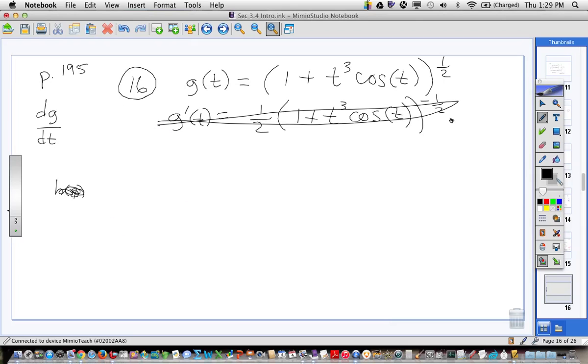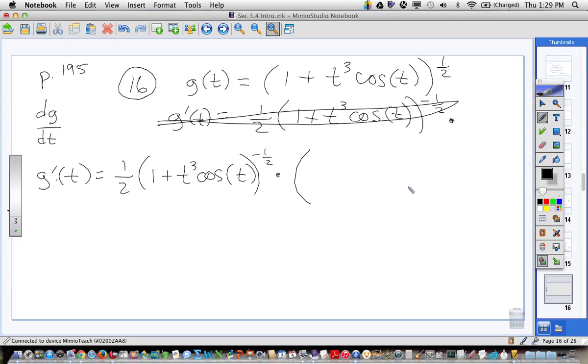All right. I can see what's happening. Start way over here. g prime of t equals, okay, bring down the 1/2. 1 plus t cubed cosine t to the negative 1/2 times the derivative of the inside.